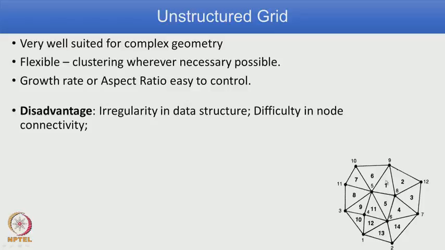For example, element 1 has nodes 9, 8, 5, and element 2 has nodes 12, 8, 9. Similarly, element 3 has 3 nodes and so on.